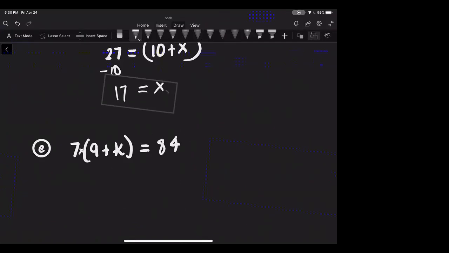Azaria, do the question. We can talk about this later too. Do the question. Wait, the 7's multiplying, right? Yes, the 7 is multiplying.